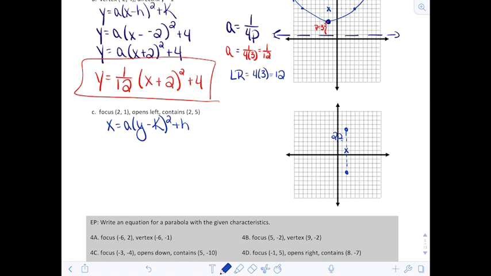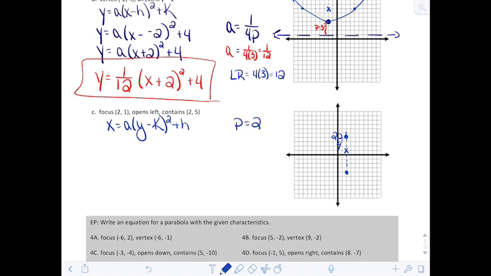Sorry, 2, 1, 2, 3, 4, 5. Oh, I made that just a little too long. Hold on. Sorry. So 2, 1, 2, 3, 4 right there. So 2p is equal to 4.